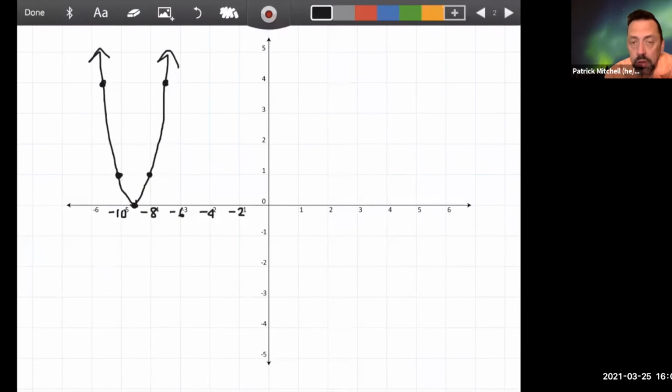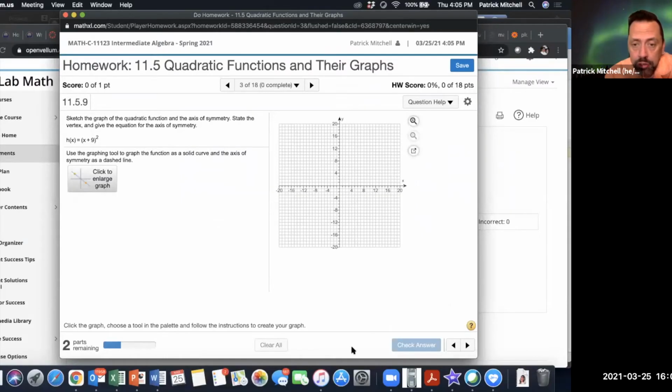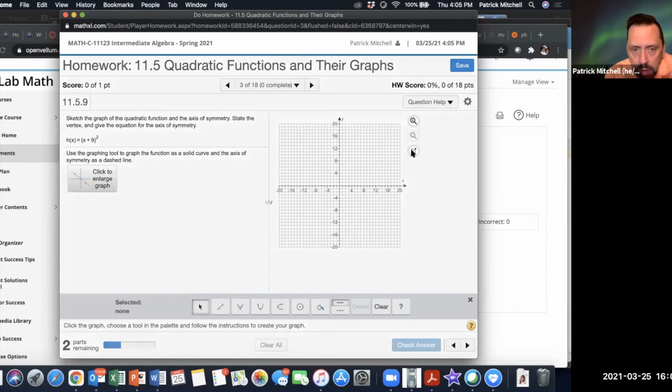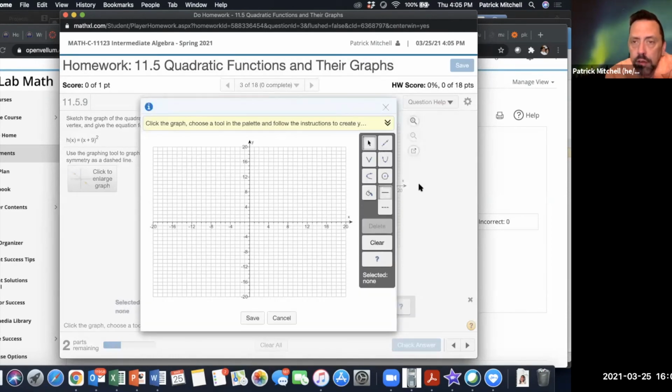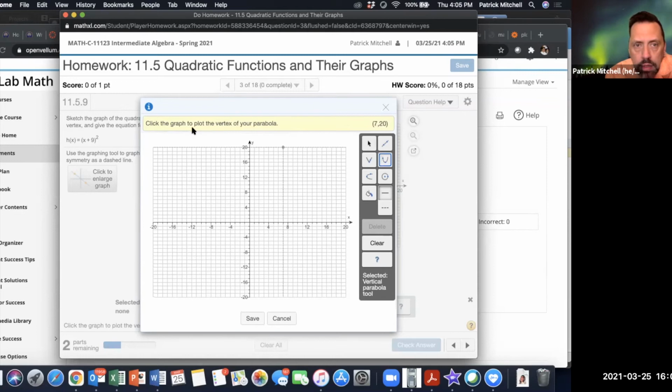So we can put in all these answers, and you're going to want to pay attention to all the different buttons that I have to push. So let's pop out this graph. The first thing I'm going to click is the Parabola tool right here. The first thing it's asking me to do is click the graph to plot the vertex of my parabola.